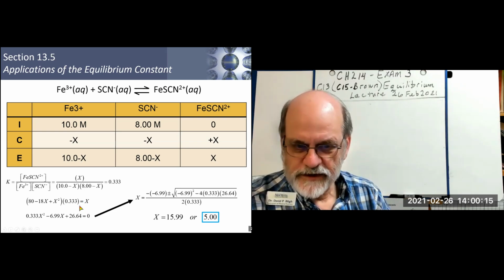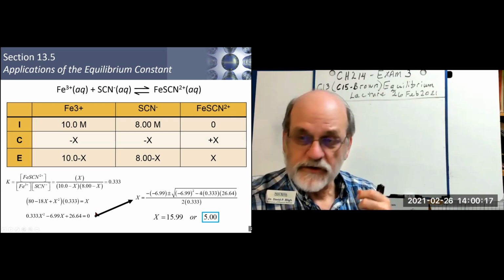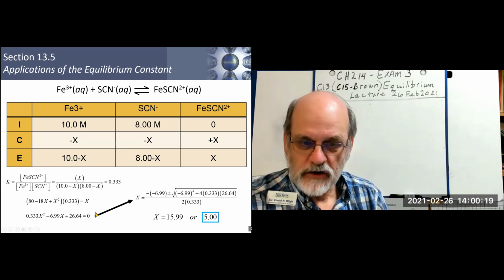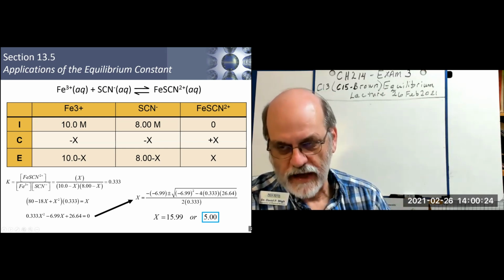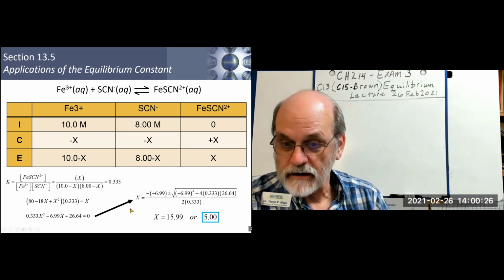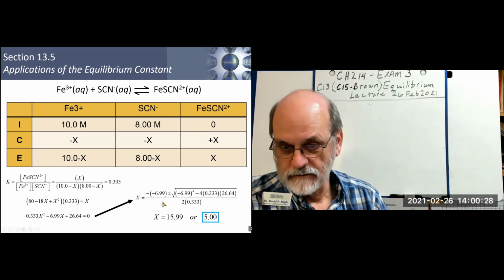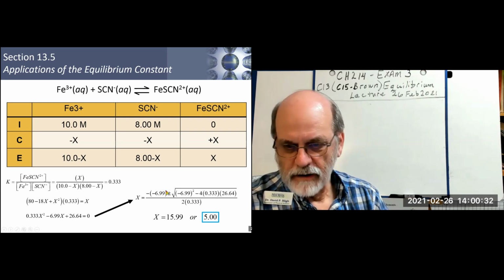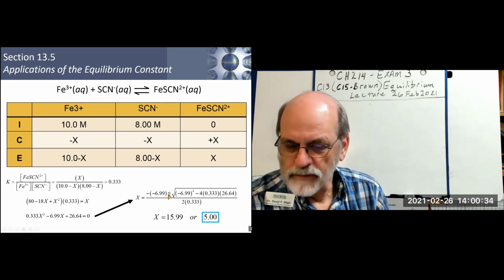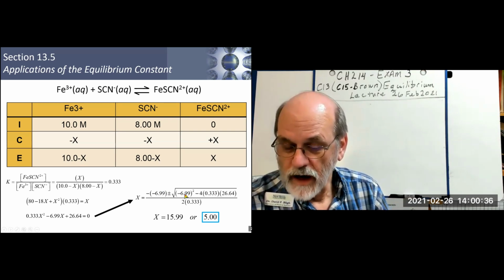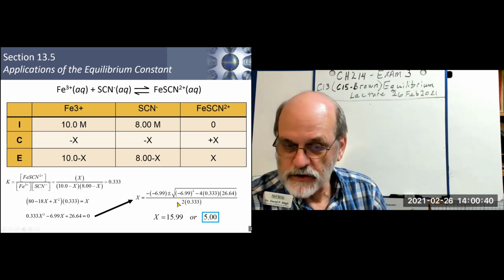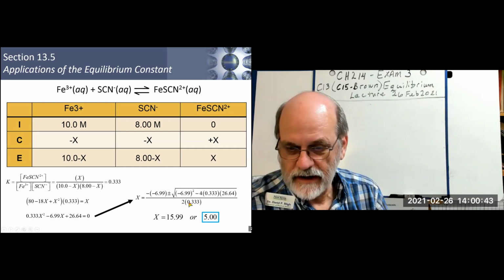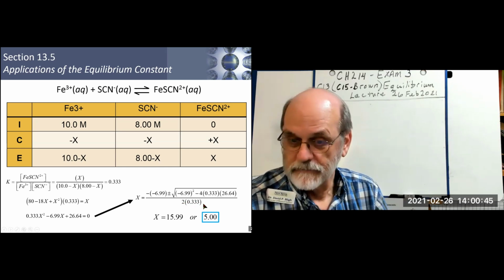So if you want to solve a quadratic, then you have to have the quadratic on one side and a 0 on the other side of the equal sign. Then you can use the quadratic equation to solve it, right? So this is minus b plus or minus the square root of b squared minus 4ac divided by 2a.